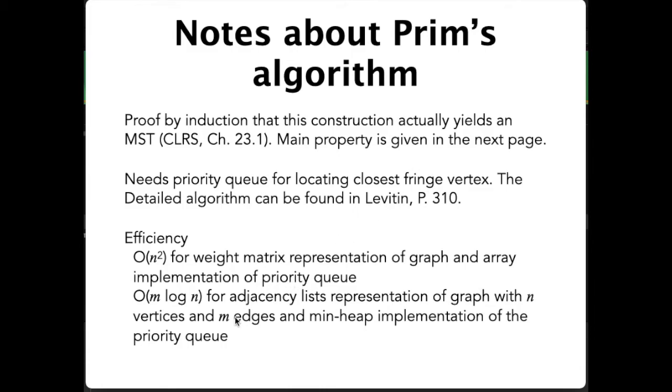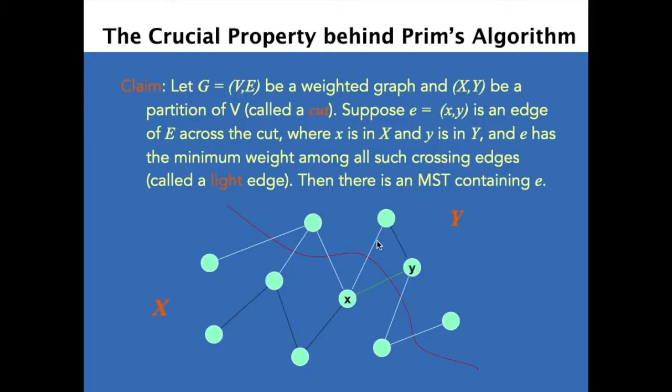And then, if we have an adjacency list representation, and by utilizing a priority queue, we can store all the remaining vertices in a priority queue. And then the total running time would be m times log n, where m is the total number of edges and n is the total number of vertices.